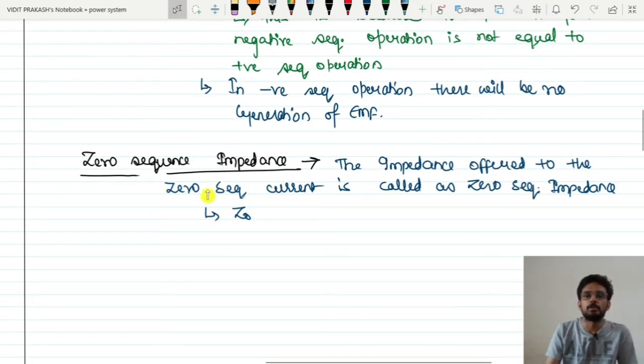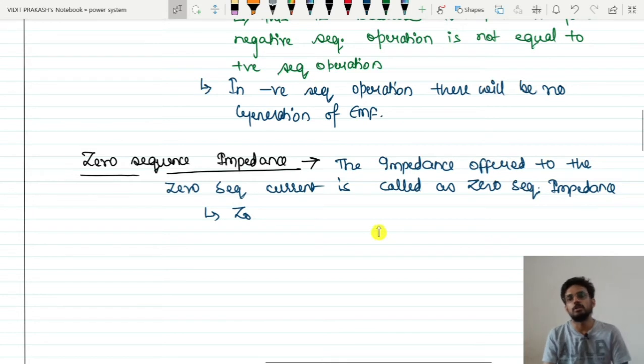Now zero sequence impedance: the impedance offered to the zero sequence current is called zero sequence impedance.